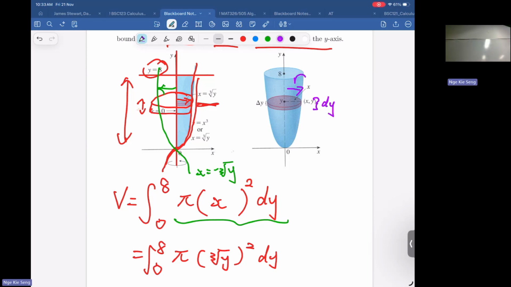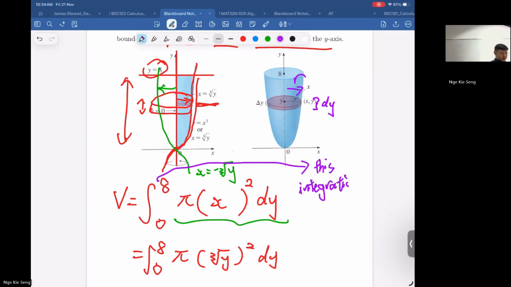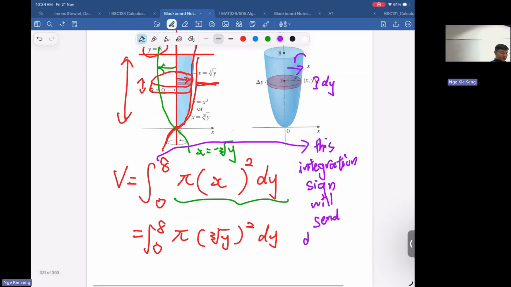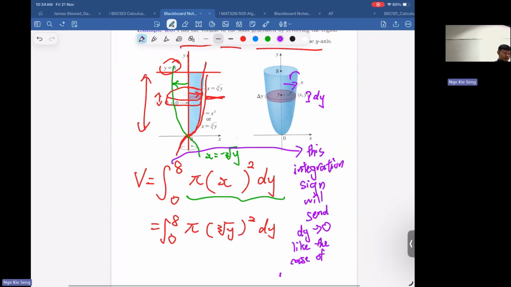But once you take this integration sign here, we send dy to 0, like in the case of Riemann sum rectangles.